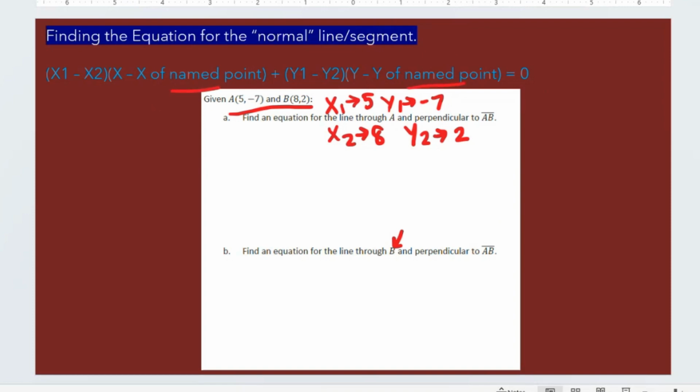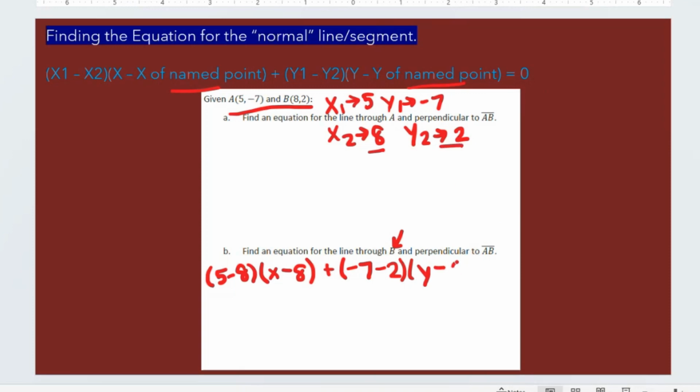So x1 minus x2, all right, times x minus x of the named point. Here that's B, so that's going to be this one. Plus y1 minus y2, times y minus the y of the named point.